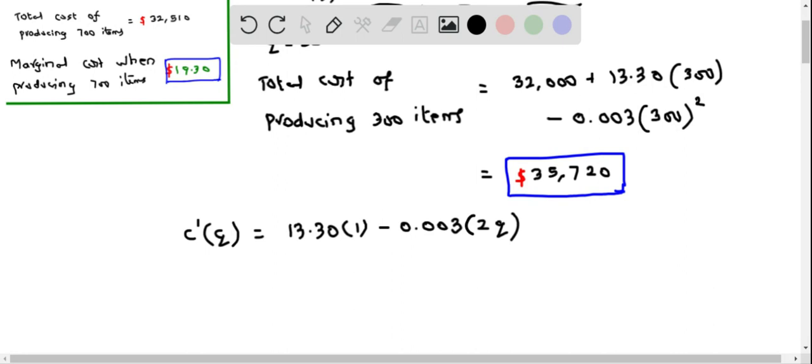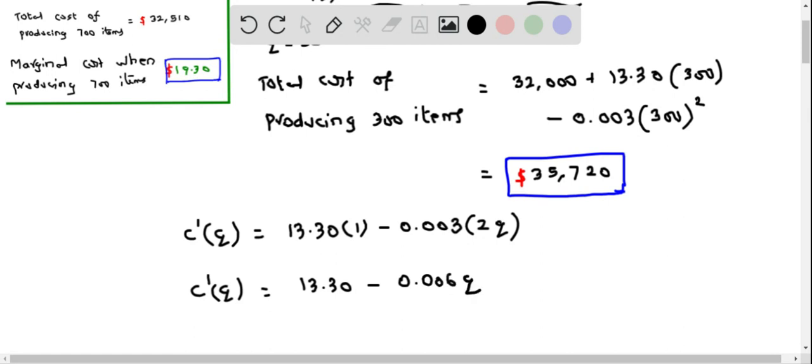So let's simplify this. So we get C prime of Q equals 13.30 minus 0.003 times 2, which is 0.006. So this is 0.006 Q.